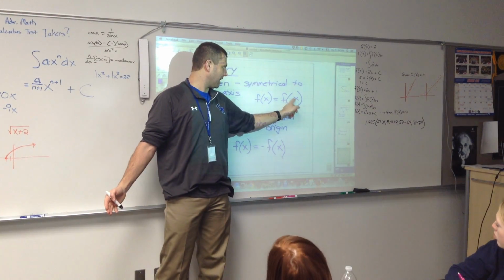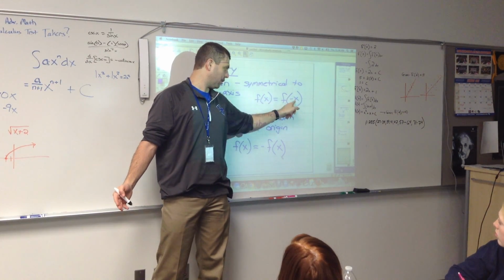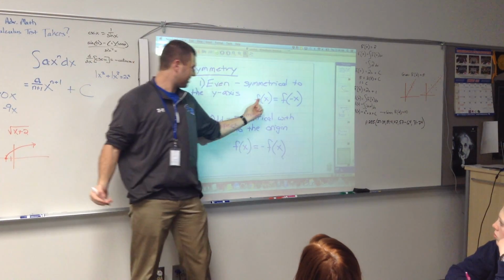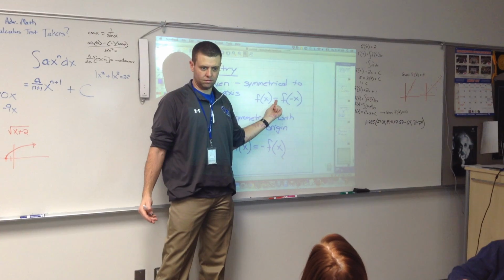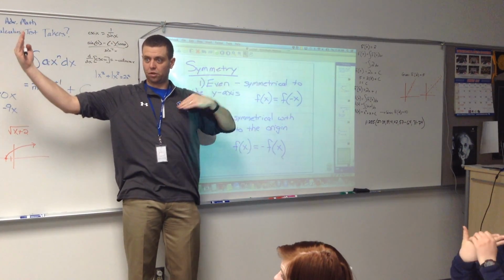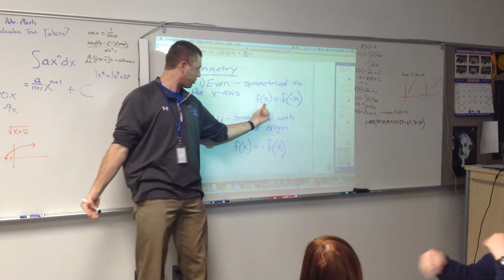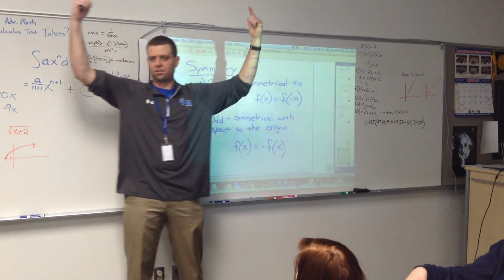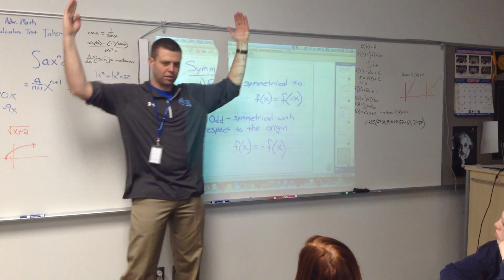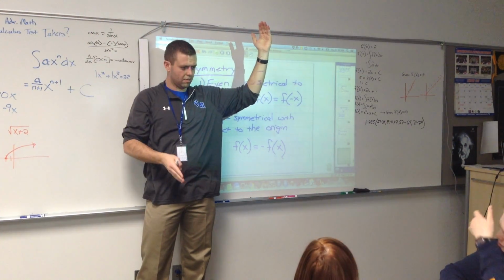What if I plug in a negative 3, the opposite of what I plugged in over here? What do I get? 9. I get the same thing. They're equal, right? So whether you plug in an x or you plug in a negative x, you're going to get the same y value. If that happens, you have an even function. They're symmetrical to the y-axis.